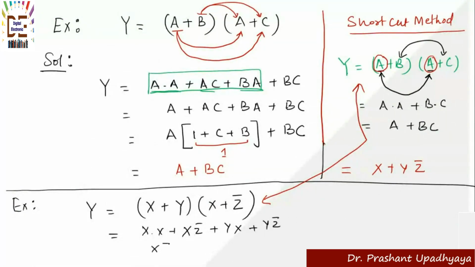Again, x is common here, so I take x common: x times 1 plus z bar, plus y plus yz bar. This becomes 1, so you will get x plus yz bar.